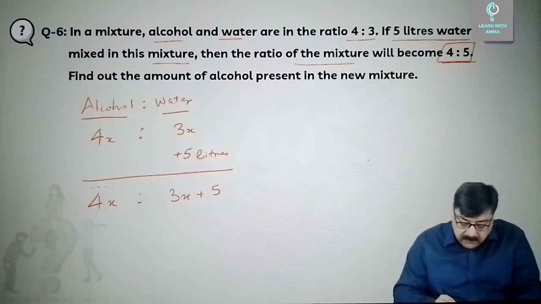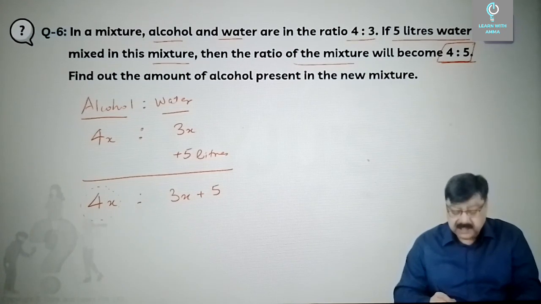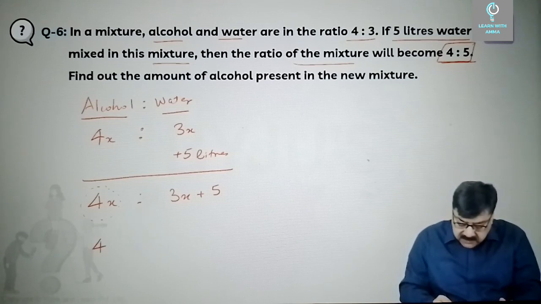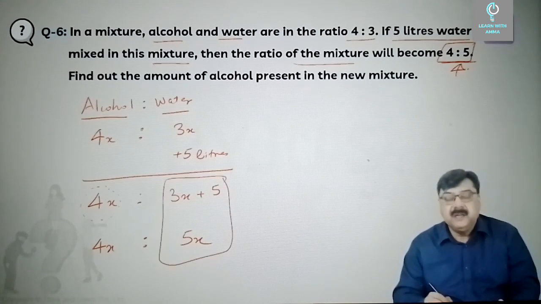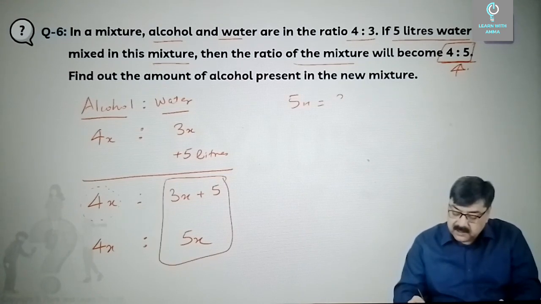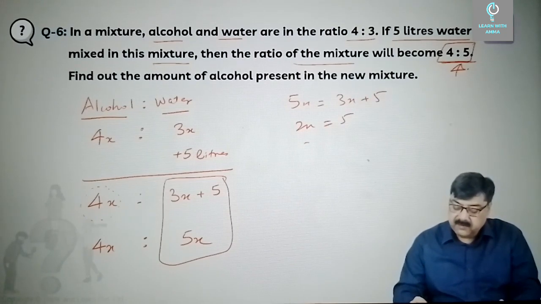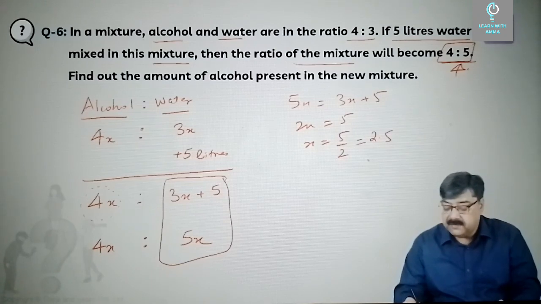So as the amount of alcohol has not changed and also the ratio points are also the same, we know this is 4x is to 5x as given here. Now these two can be equated together. So 5x equals 3x plus 5. So 2x is equal to 5, or x is equal to 5/2, which is 2.5.